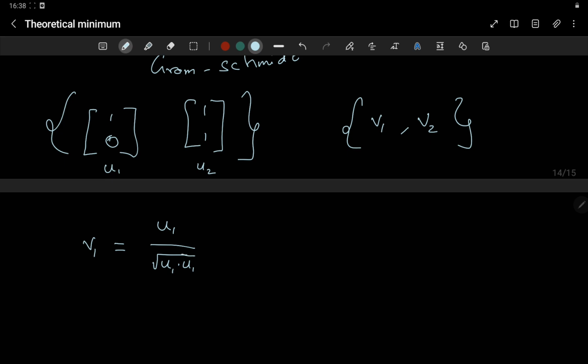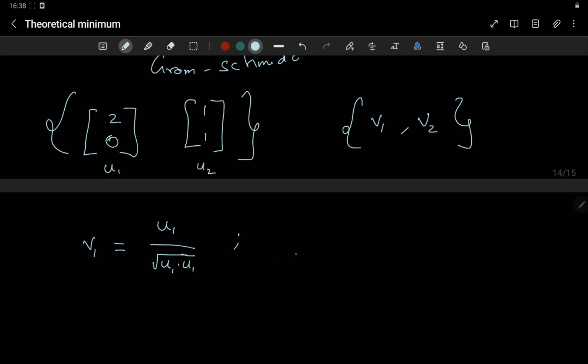Because that's the magnitude. Sometimes u1 is not normalized. Let's say instead of 1 it's 2. Then the magnitude is 2, not 1, so we need to normalize it. So that's what v1 is.